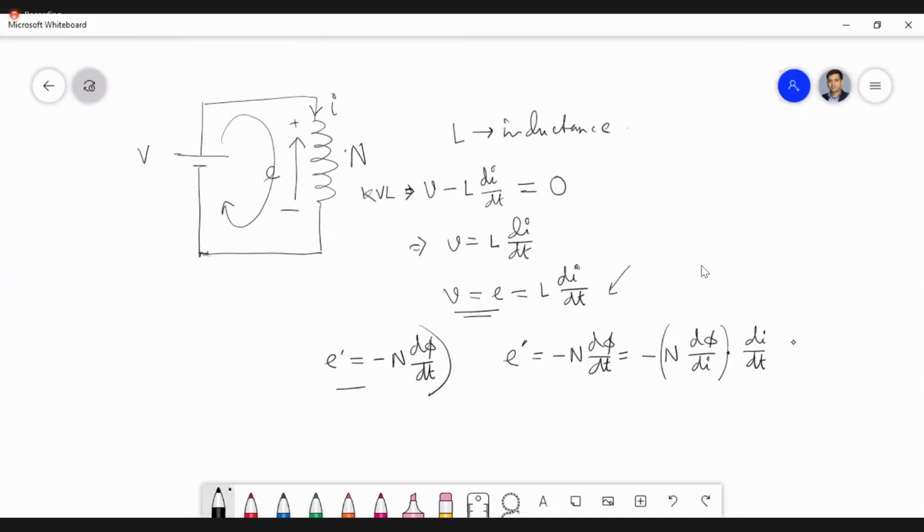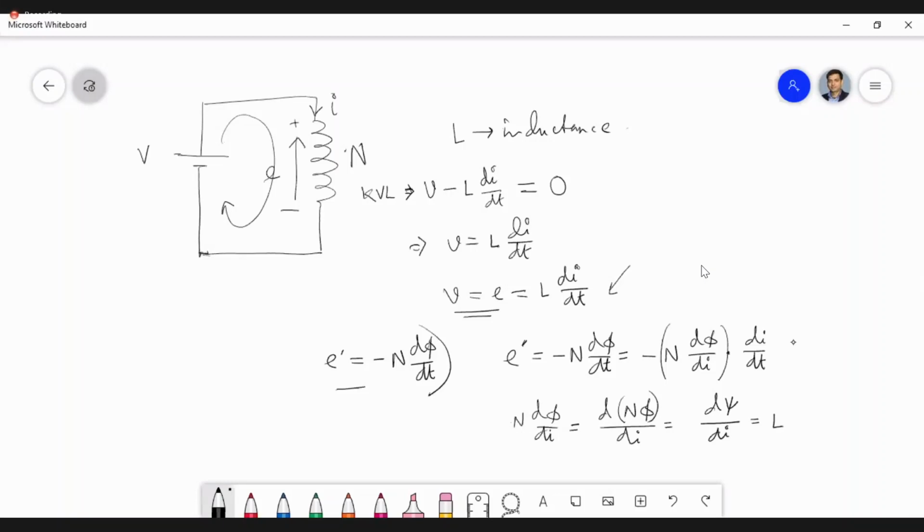This term is basically the N d phi di, or if we take d of N phi di, that means it's basically the flux linkage. So that means this is rate of change of flux linkage with respect to the current.